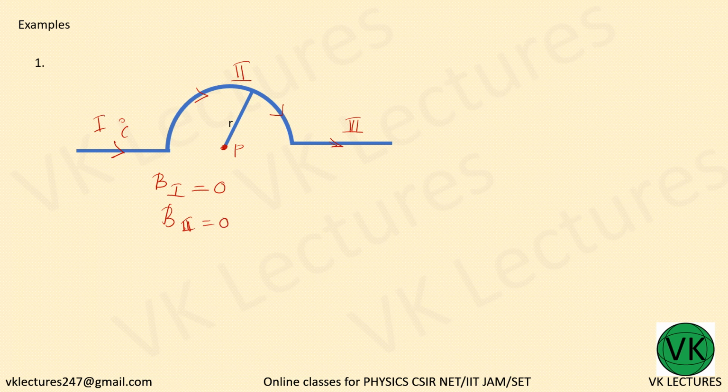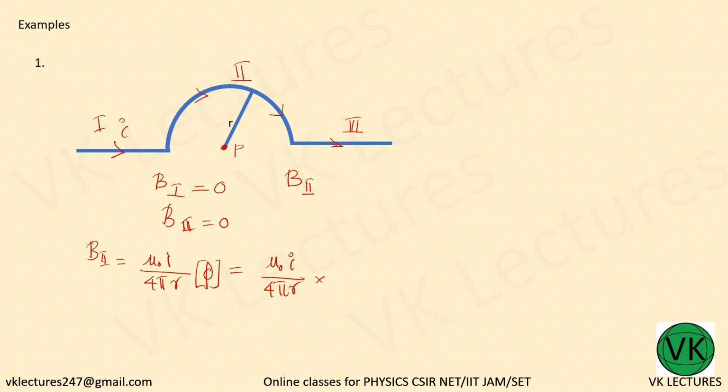So we need to find only the magnetic field due to the second portion, the semicircular portion. As you know, the expression is mu 0 I divided by 4 pi r, into the angle.